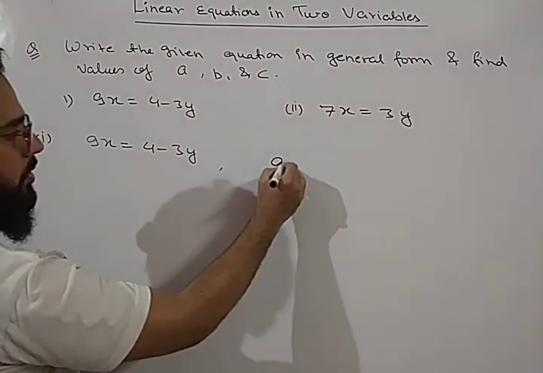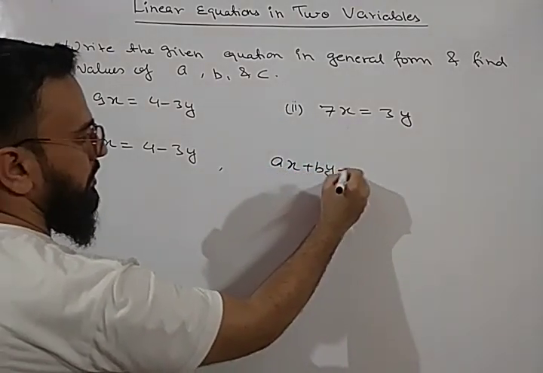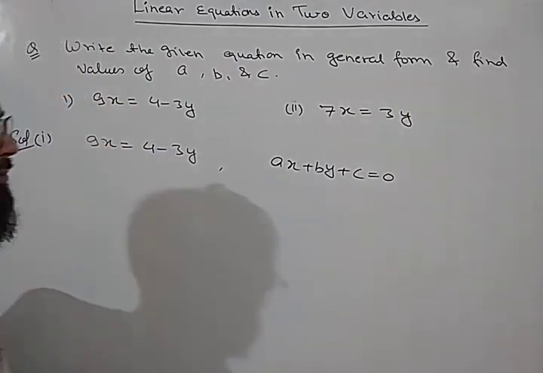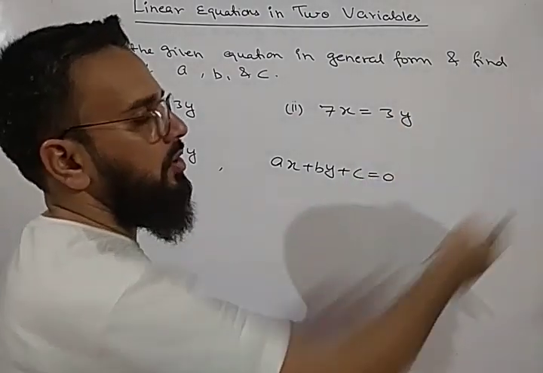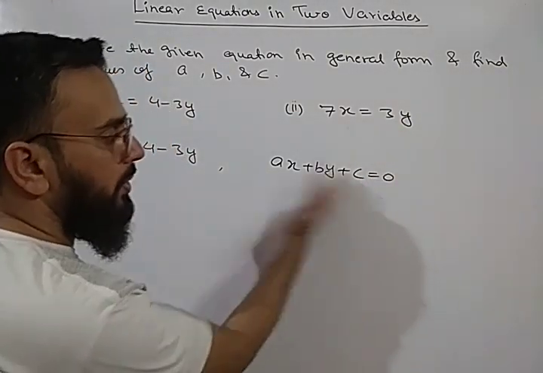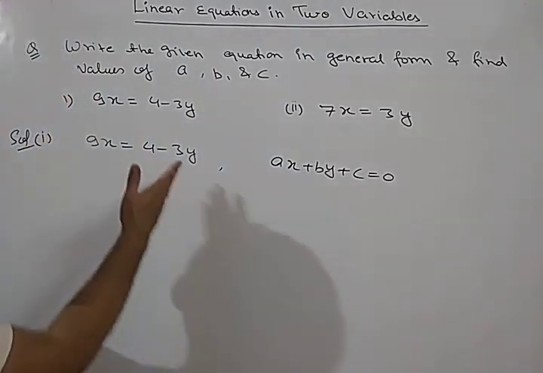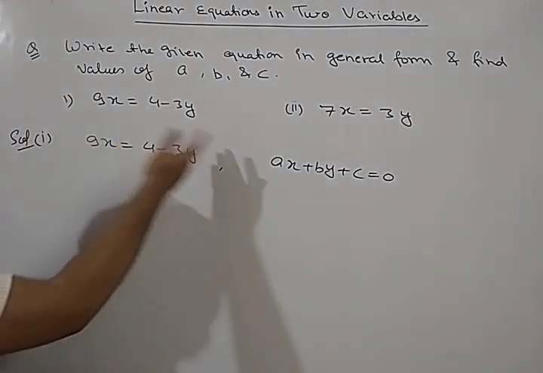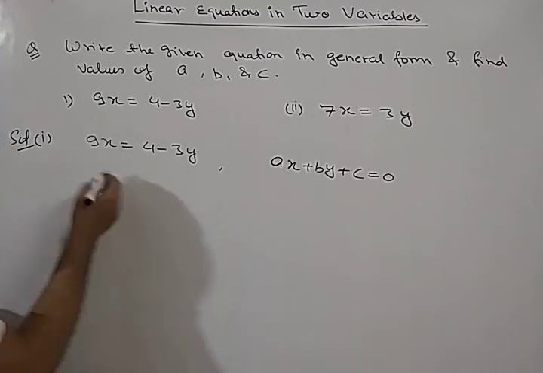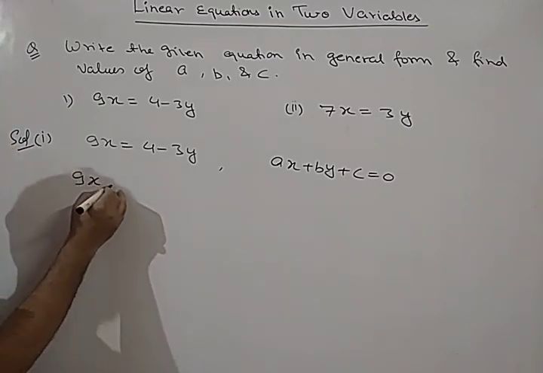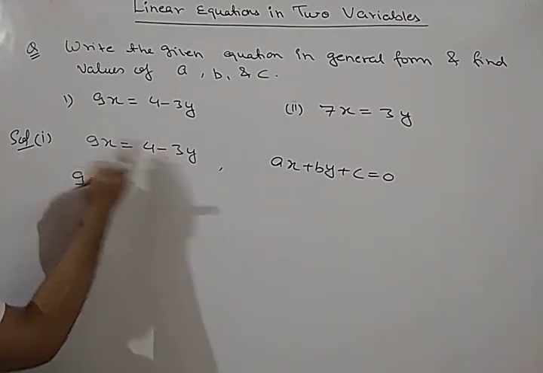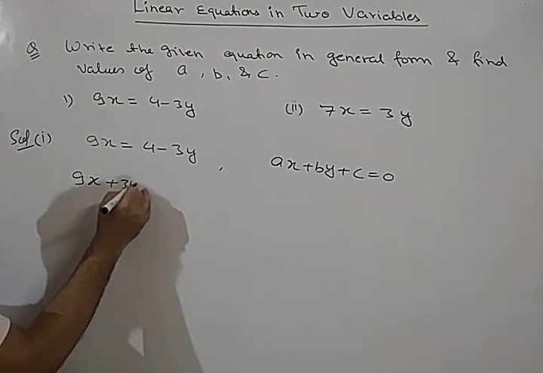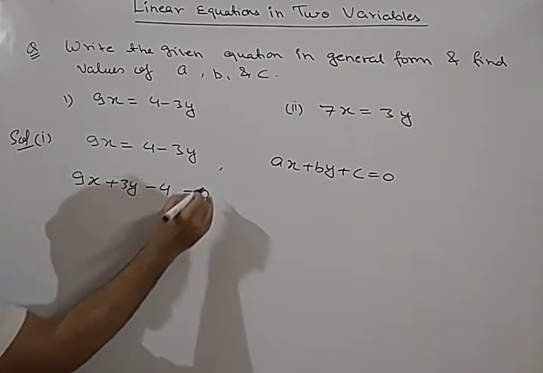We know the general form is ax plus by plus c equal to 0. It means we have to get 0 on the right hand side and all the terms should be on the left hand side. So we will take all the terms to the left hand side and it will be equal to 0. It will be 9x, and when 3y is taken to the left hand side, it will be plus 3y, and minus 4, equal to 0.